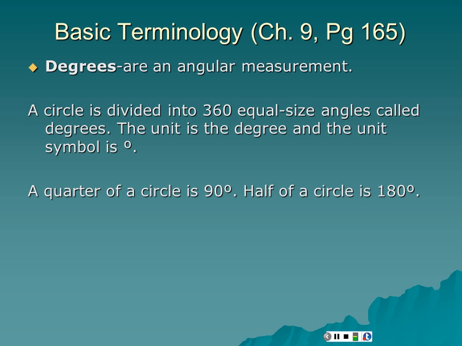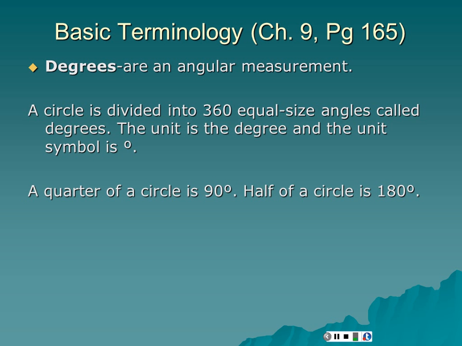For an example, let me draw something here. Let's say you have a circle like this, that means we have a 360 degree angle here. That's a 360 degree angle.